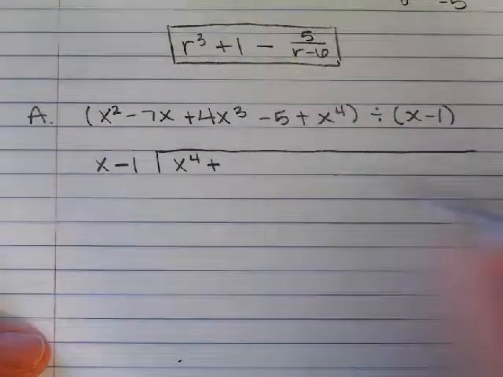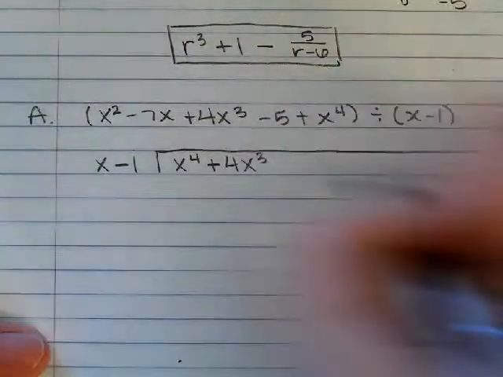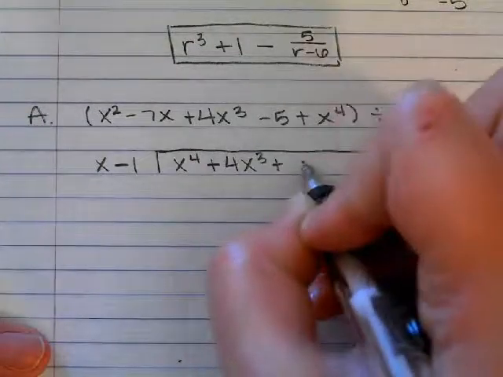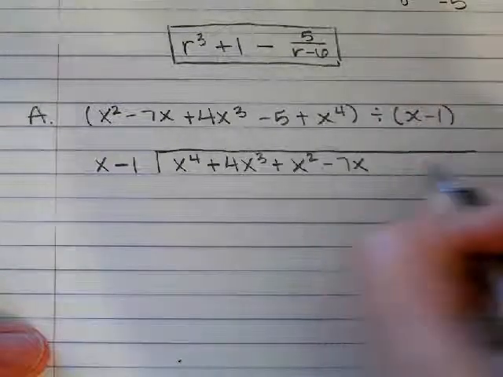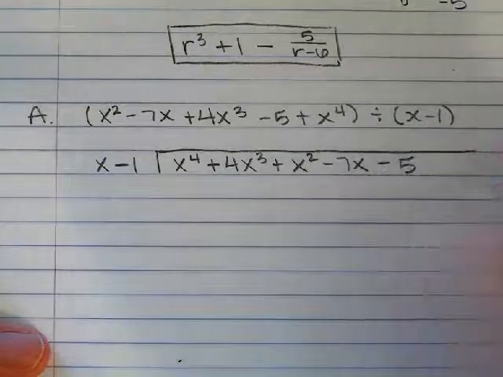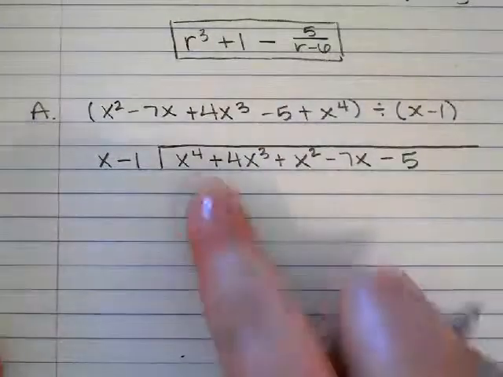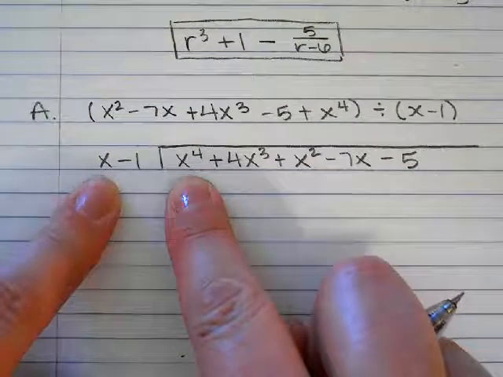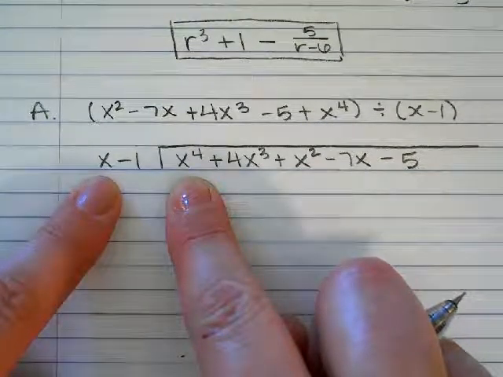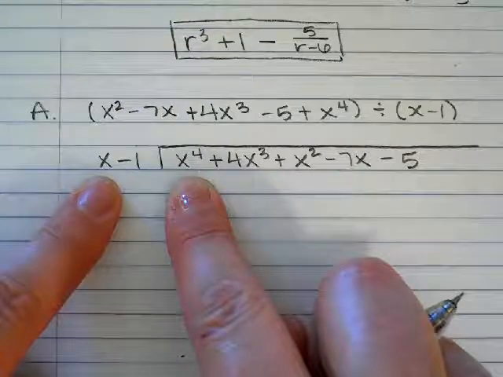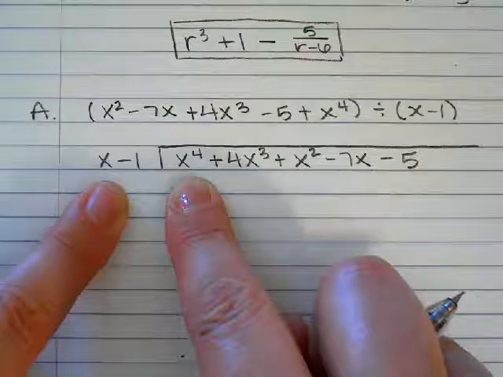What comes next? 4x to the third. And then x squared. Okay. All right. So the first thing we ask ourselves is what? Perfect. So x times x to the third.